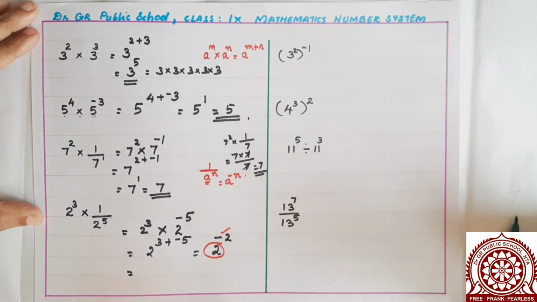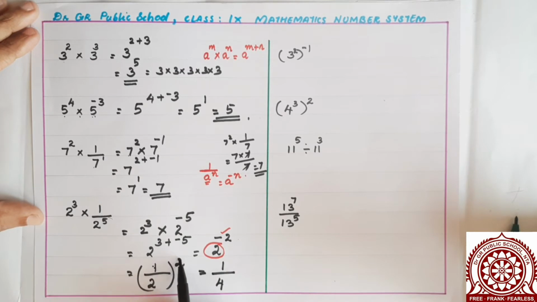What is the reciprocal of 2? 1 by 2. Then negative power will become positive power 2. Okay. So what is the answer? 1 square is 1 into 1, 1 by 2 square is 4.